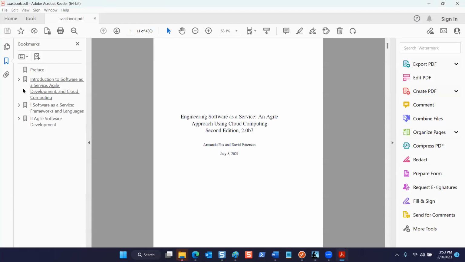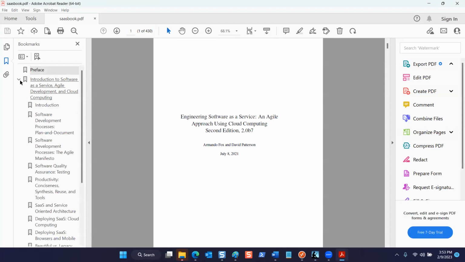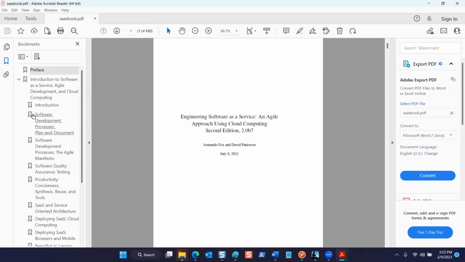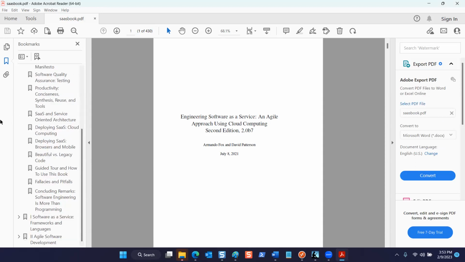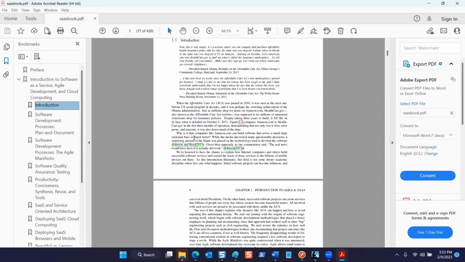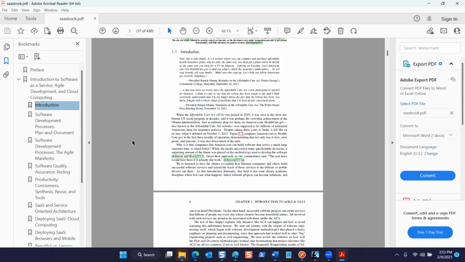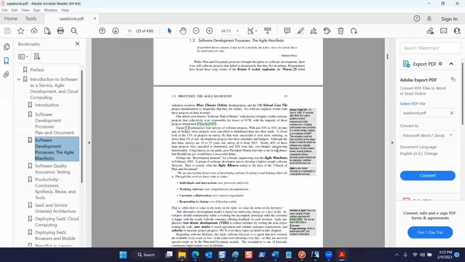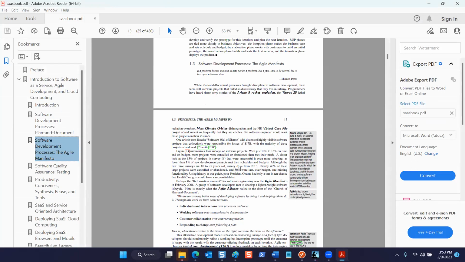So if we look in here very quickly, it's 1.3, and it starts with the Agile Manifesto. So in the SAS textbook, this is where we're starting, 1.3.